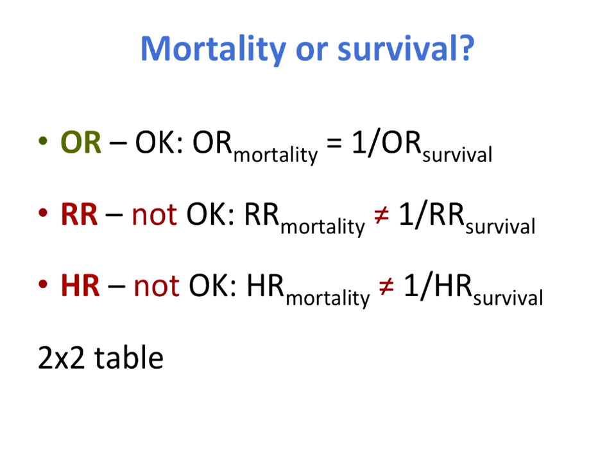And the particular question we received was about hazard ratios, and can you actually flip hazard ratios? The underlying logic is exactly the same as for relative risks. One cannot do it because the hazard ratio of mortality is not equal to the inversion, the 1 over the hazard ratio of survival. For the relative risk, if one has a 2-by-2 table, one can calculate the relative risk of survival.